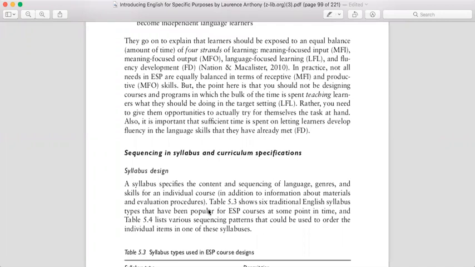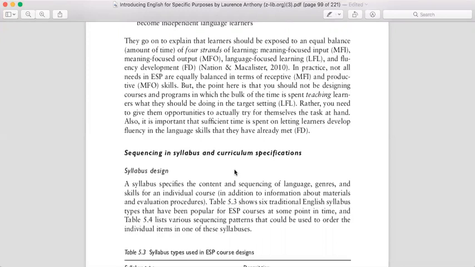So what is a syllabus? How do we define a syllabus? Syllabus is basically selecting and sequencing the content. You select the content and then you sequence it. And how do you sequence the content? According to the objective of the syllabus.